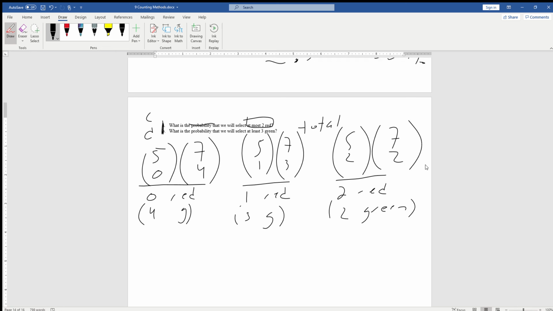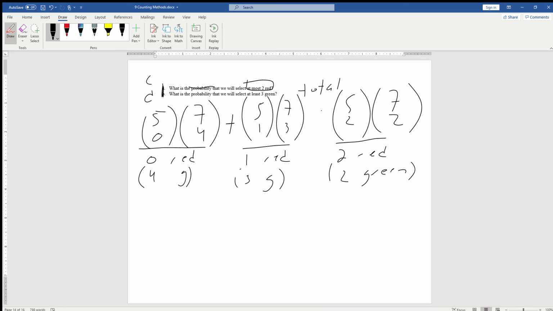All right. Now we're going to go through, and don't forget we have to add these. Now I'm going to compute each of the different combinations. 5 choose 0 is 1. 7 choose 4, I don't think we've done that yet. But 7 choose 4 is 35. 5 choose 1 is 5. 7 choose 3 is 35 also. We got that earlier. 5 choose 2 should be 10, and then 7 choose 2 should be 21.